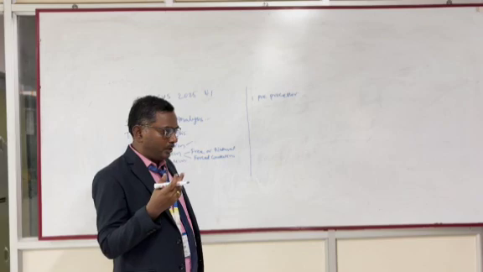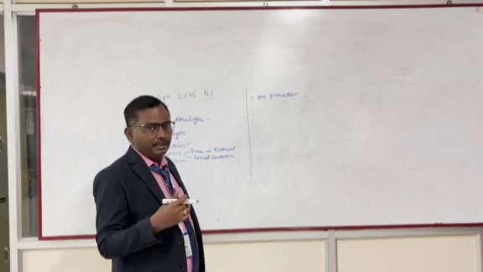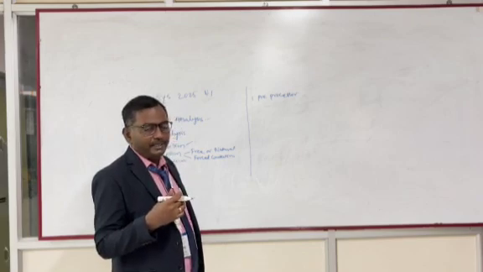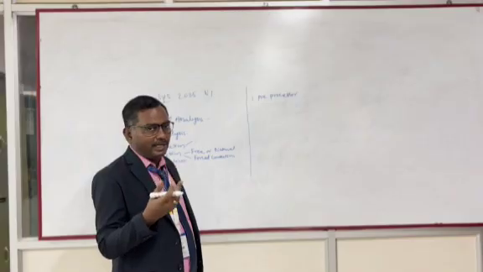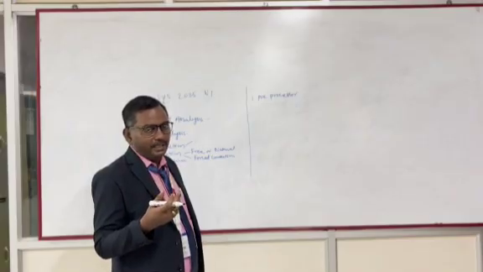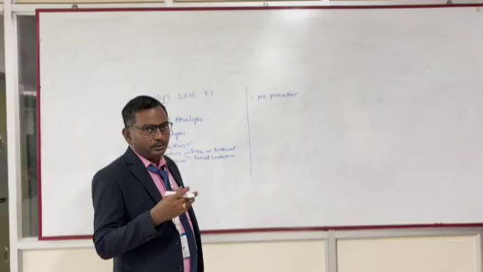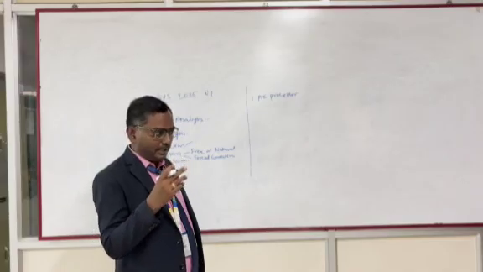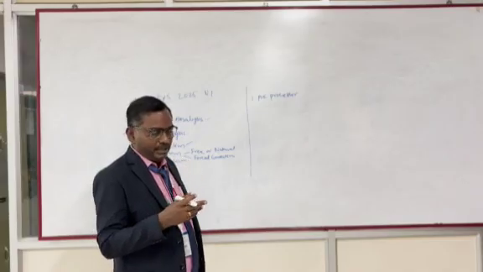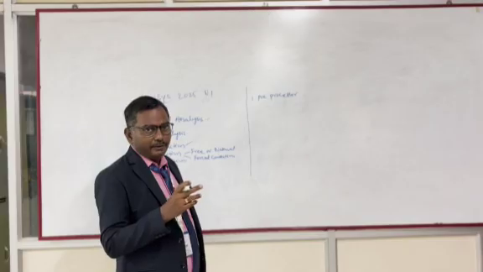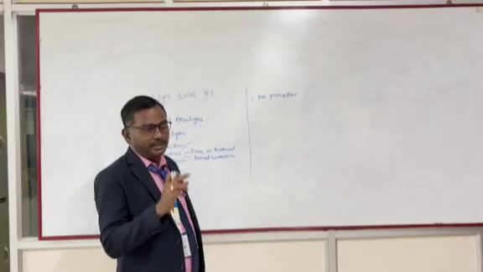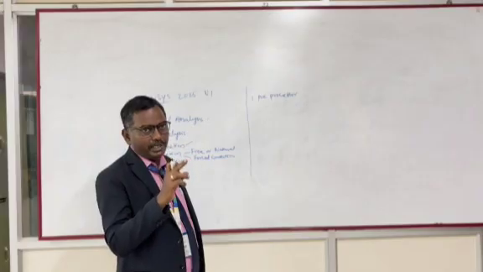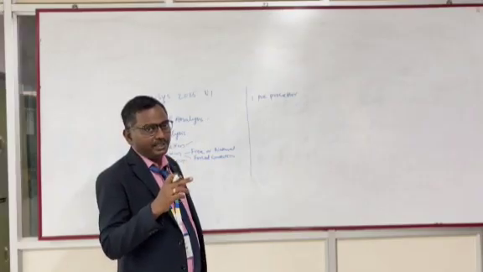So in the FEA, there are a lot of elements. There are different shapes of the elements, square element, rectangular element.